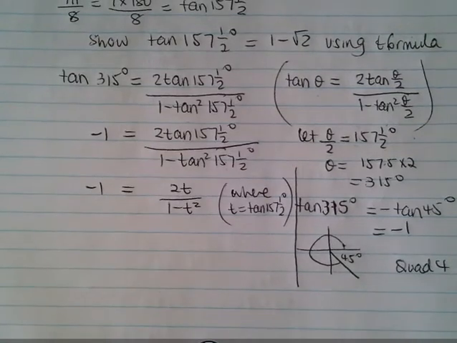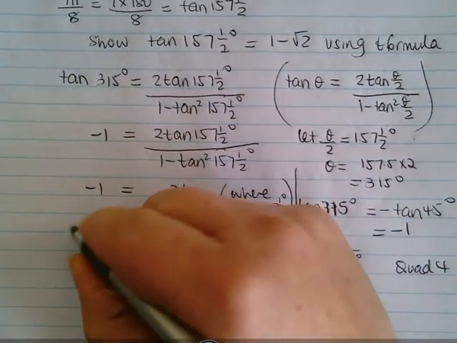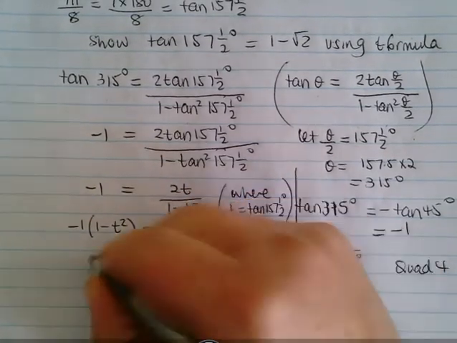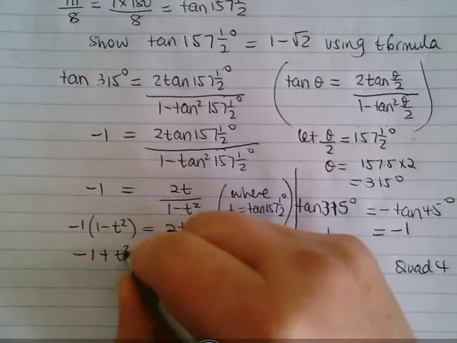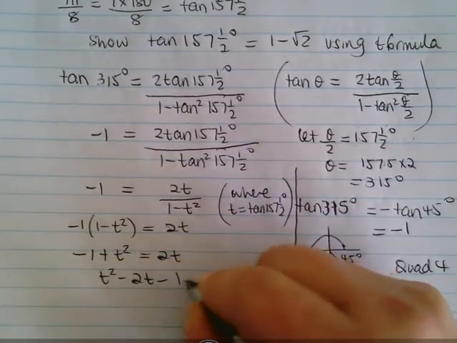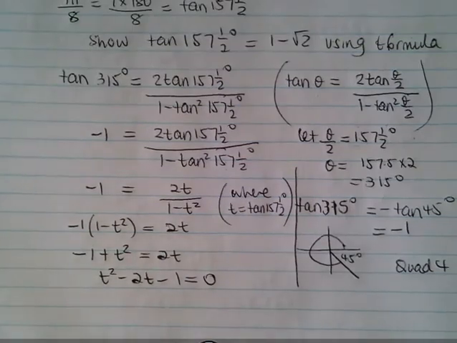You know what to do now? Solve. So cross multiplying, negative 1 times 1 minus t squared equals 2t. Expanding, negative 1 plus t squared is 2t. Taking everything over to the left, you've got t squared minus 2t minus 1 equals 0. But you can't solve that. You could have if it was plus 1, but you can't.